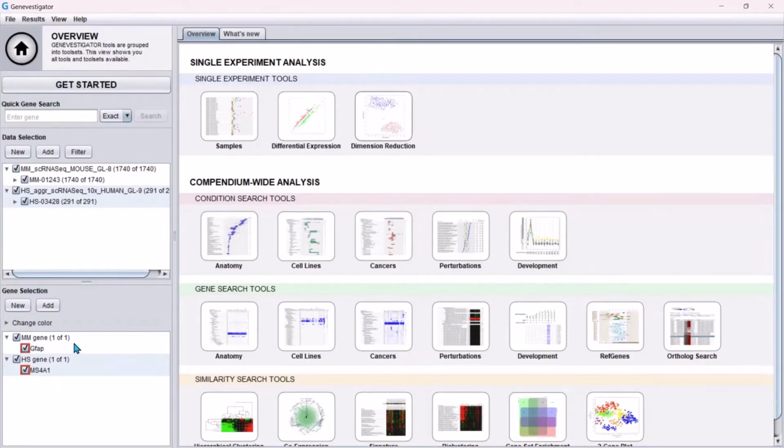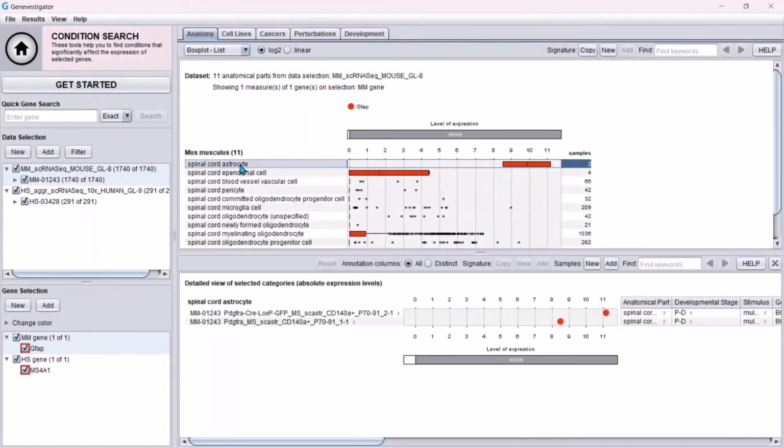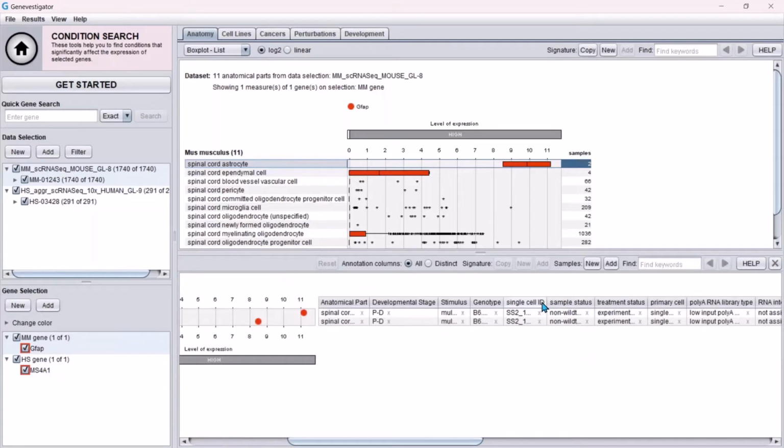Going back to the single-cell mouse dataset and choosing the right gene selection, if we make use of the condition search tool anatomy, we observe the first anatomical location with two samples corresponding to two individual single cells with the single cell IDs that are visible under the annotation column called single cell ID.